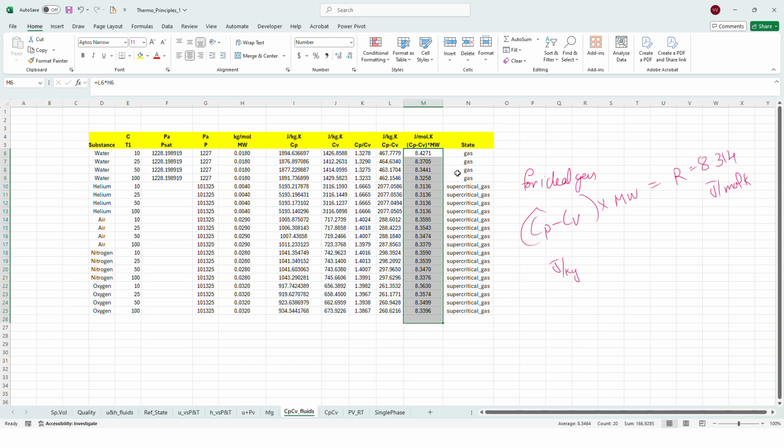And you can see for some gases that value is really close. So this is closer to an ideal gas, helium. For air, okay, it's not that close, but it is close enough. And not so much for water in some scenarios. It goes to 8.421. But anyways, so this is another way to check how close to ideal gas you are for any given situation.